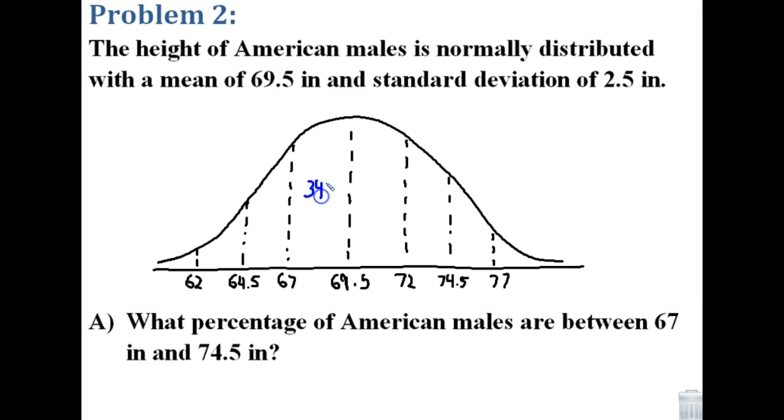We said there were 34% from the mean down one standard deviation, and 34% from the mean up one standard deviation. Between 1 and 2 there was 13.5% of the observations. And then from 2 to 3 there is 2.35%.